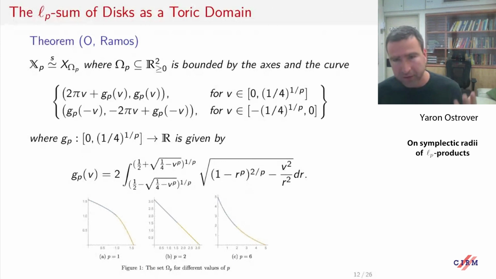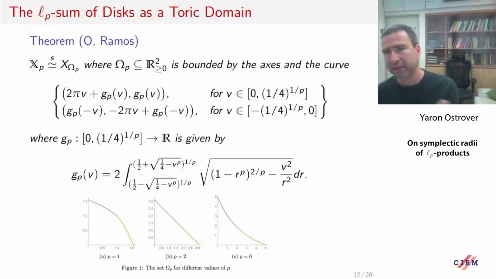But of course, you can completely ignore the actual formulas here, but note that we see this phase transition at p equals 2. I mean, the toric image is convex or concave, depending on whether p is between 1 and 2 or p is greater than 2.